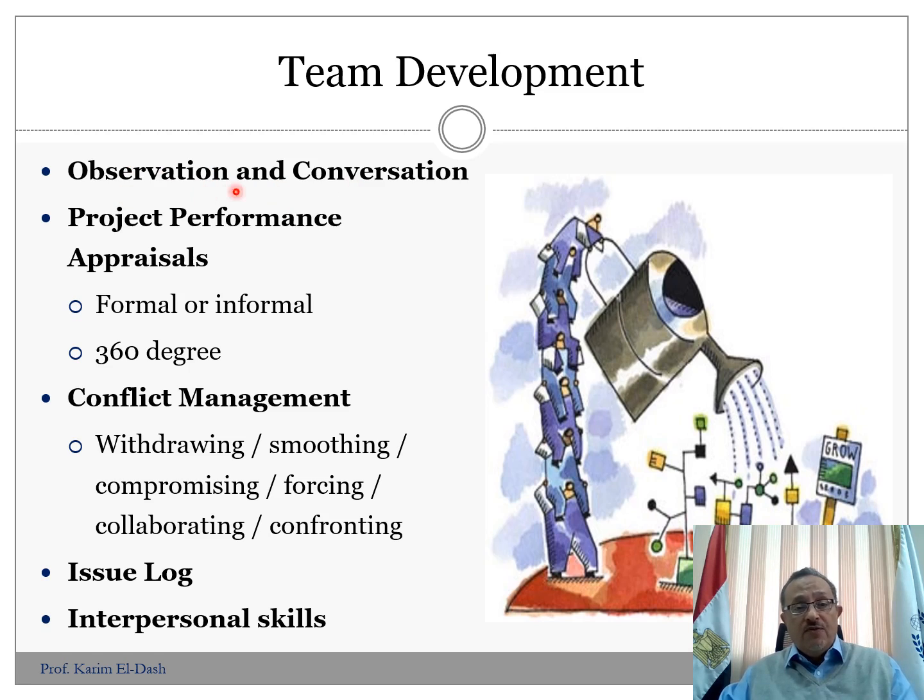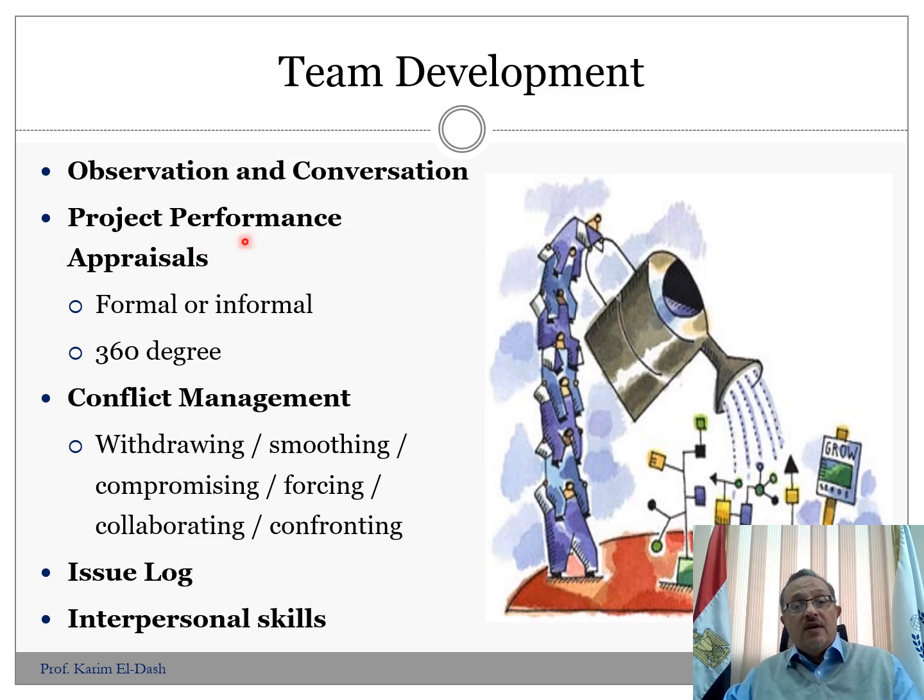We have to observe their work, performance and productivity, and ask them about their performance, their issues and problems, the productivity they have, and the issues they face with the work or with other personnel in our team, whether the management team or the technical team.